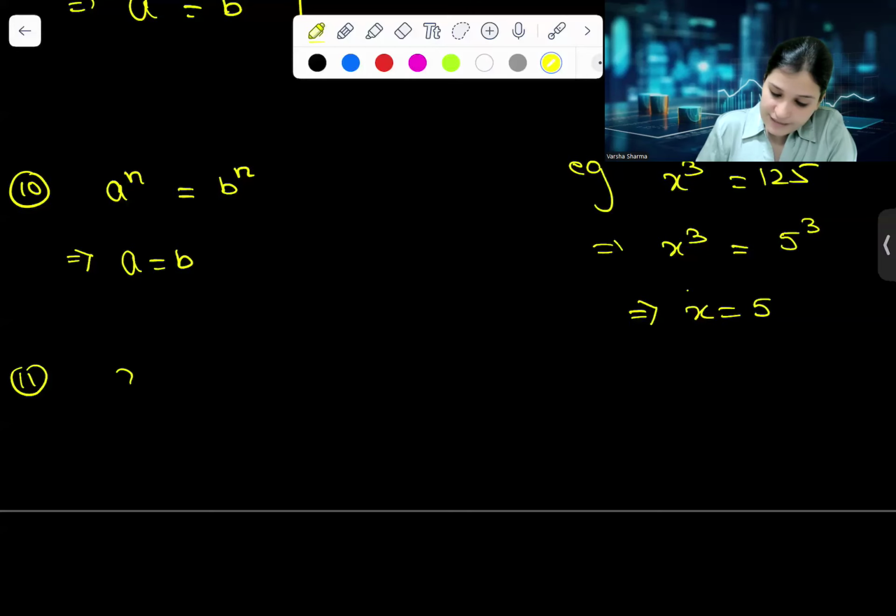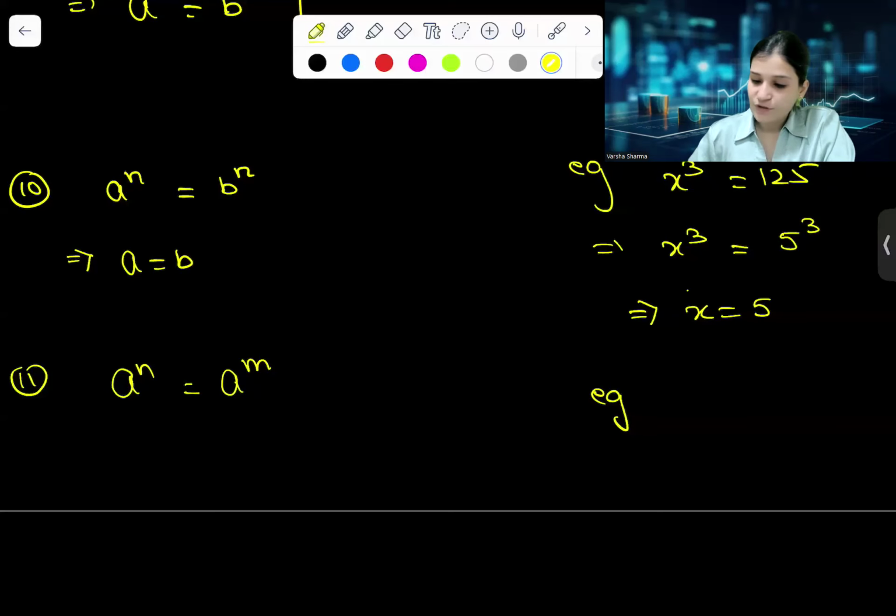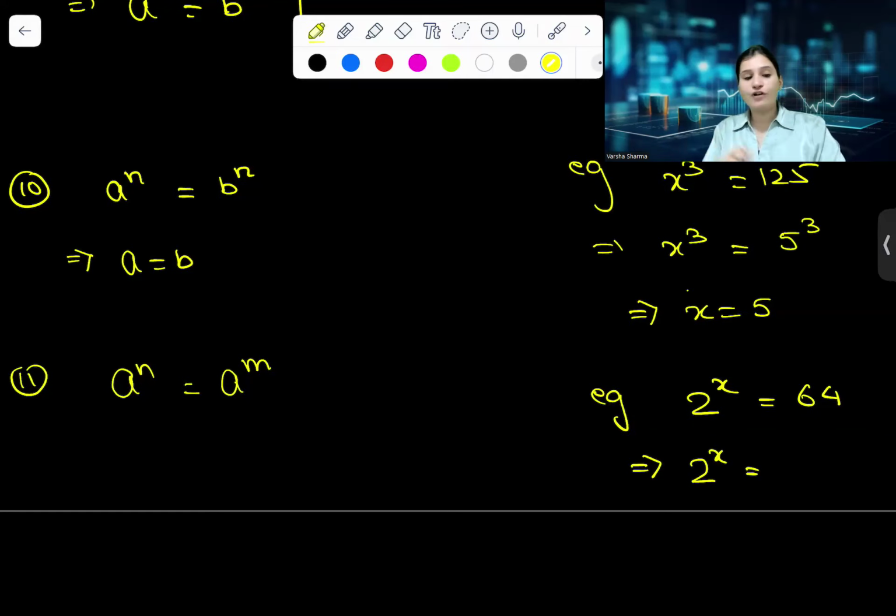Similarly, if your bases are same, for example, 2 to the power x equals 64. What can I write here? This is 2 power something. So can I not write 64 also as 2 to the power something? What can I do? 2 power 6.